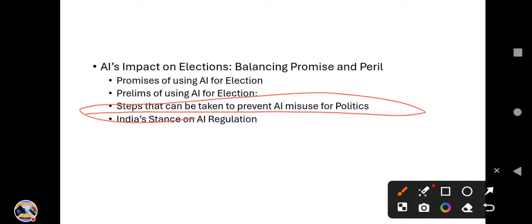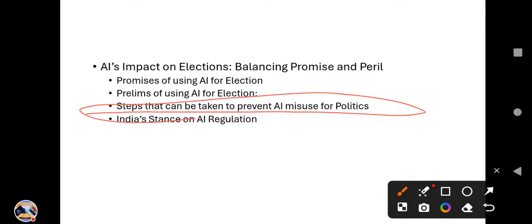And next, as per the Tech Accord for combating deceptive AI in elections, prevention, provenance, detection, responsive evaluation, public awareness, and resilience are also important to tackle these unnecessary fake news. Okay.